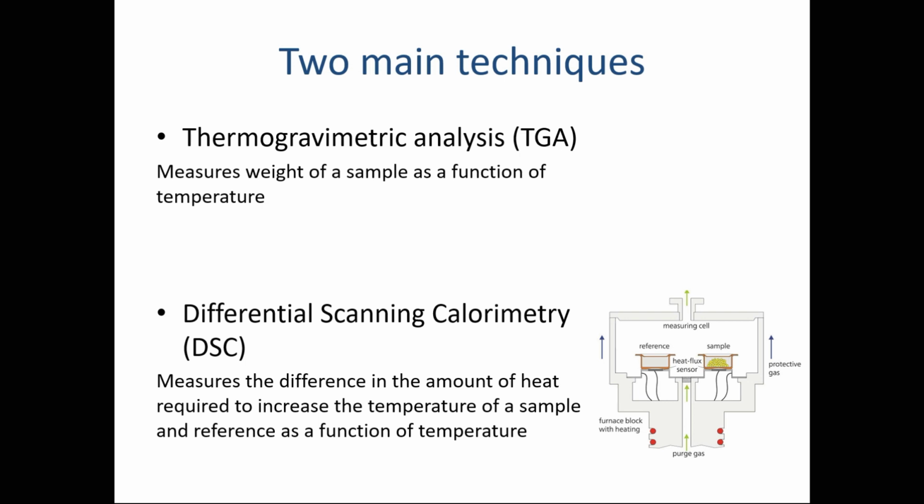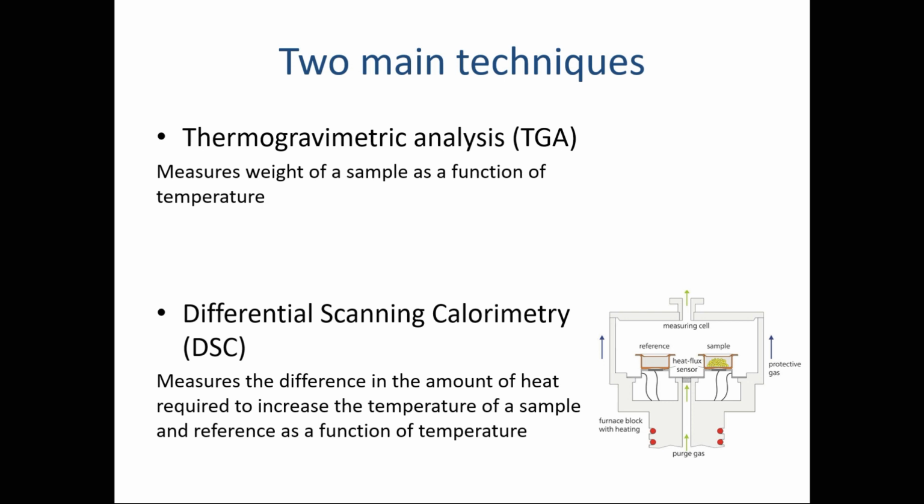The second technique, differential scanning calorimetry, or DSC, works differently. It measures the difference in the amount of heat required to increase the temperature of a sample and the reference as a function of temperature. So your sample is always being compared with a reference, and typically the reference will be a thermally inert material.